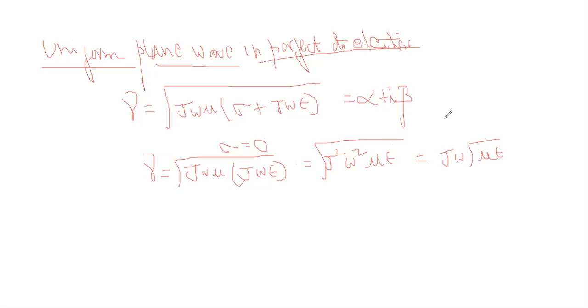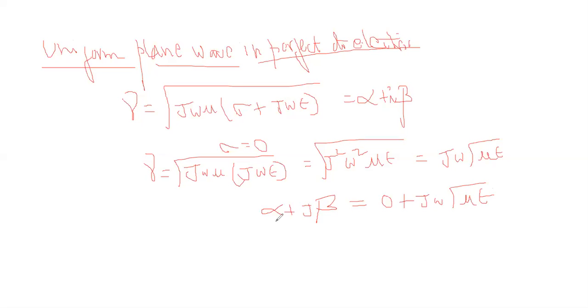Now equating with alpha plus j beta, let us take the imaginary function only: 0 plus j omega under root of mu epsilon.